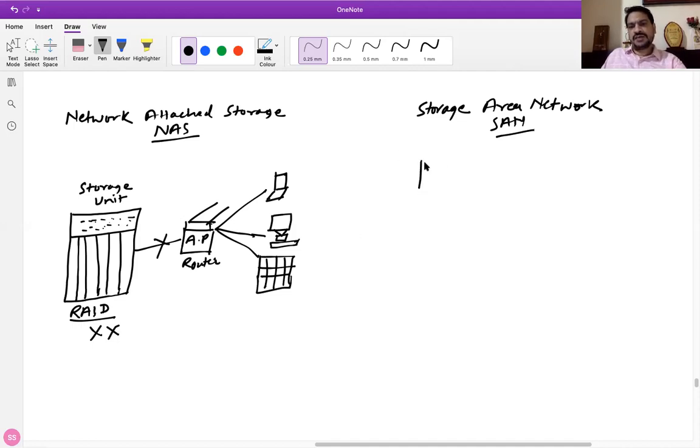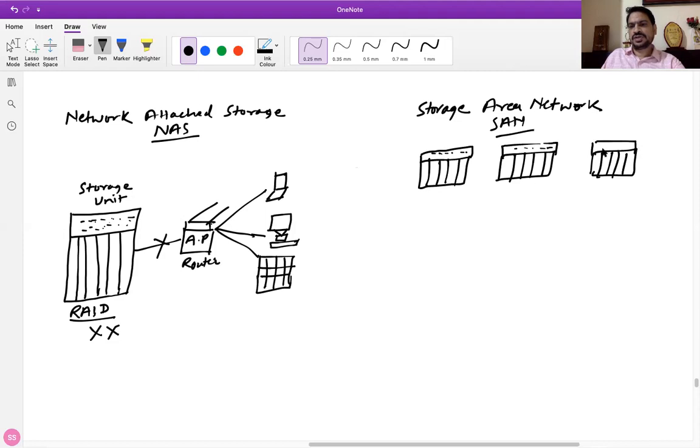Here we have some sort of databases where we have multiple disks available. This is your storage area, and you assume that this is your power unit for this storage, right?